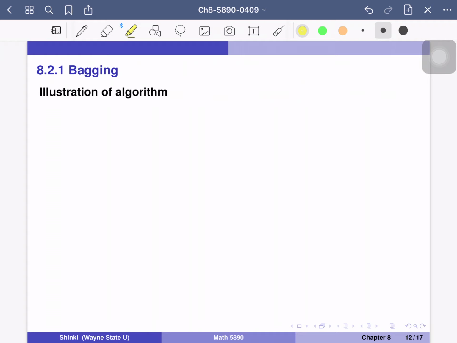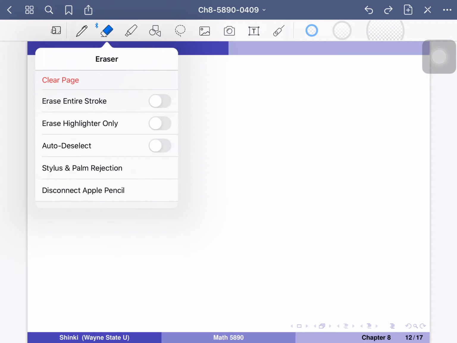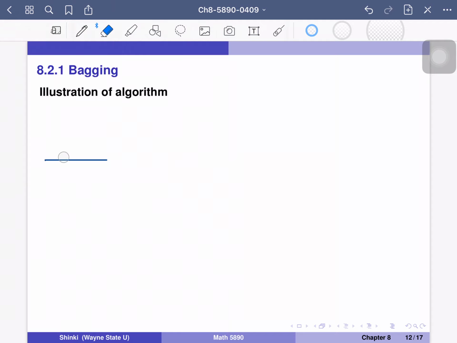I want to illustrate the idea of bagging. Think about some data, and suppose the data isn't really easy to be treated by a tree.